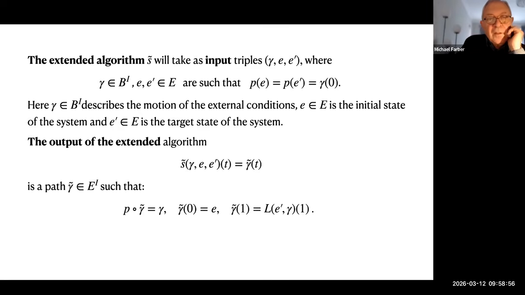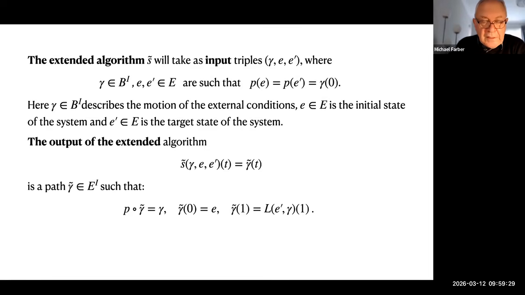Okay, so this modified algorithm is described as follows. I call it the extended algorithm S tilde. It takes as input triples gamma, E, E prime. Gamma is a path in the base, so it is a motion of the external conditions. E and E prime are states of our system, which are consistent with external conditions gamma at 0.